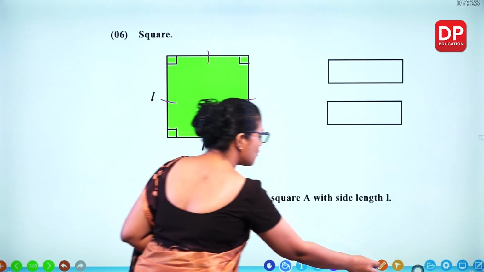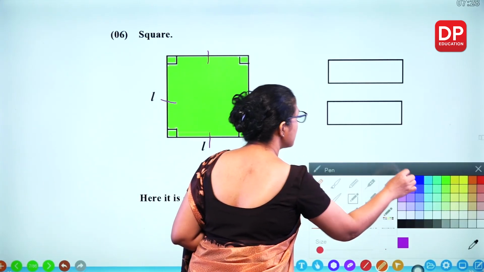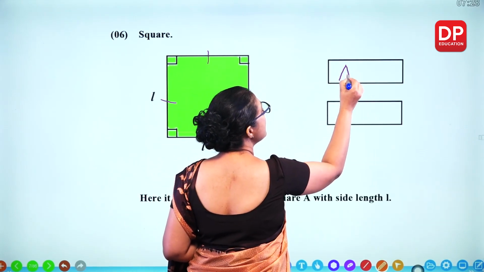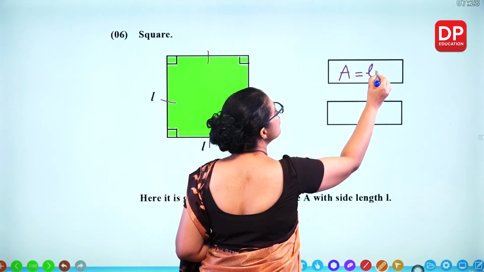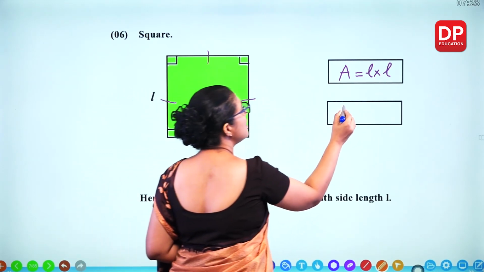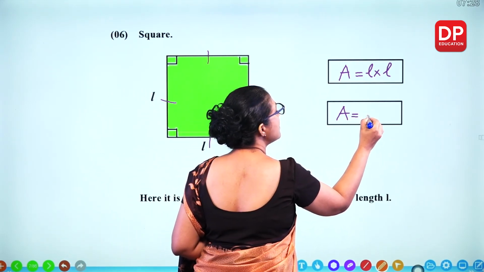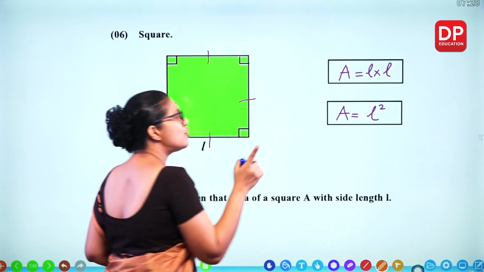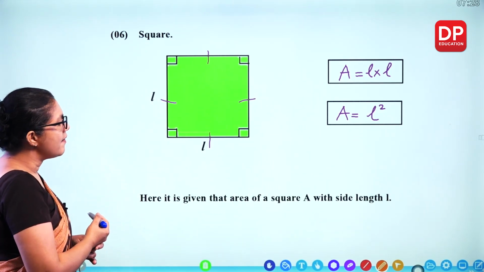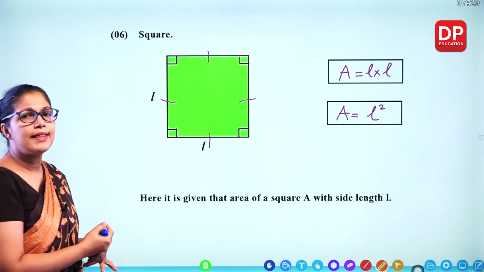You can find out using the formula length into breadth. So A equals length into length. All sides are equal, so you can write A equals L squared. L into L, L squared. Here it is given that area of a square A with side length L.